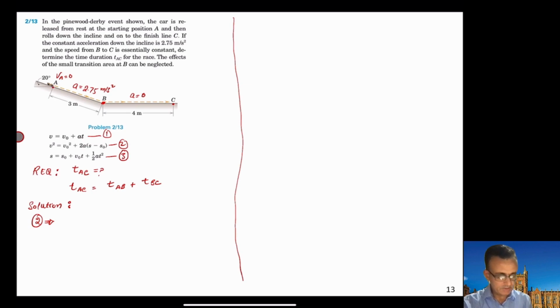Equation 2 provides v squared. So the final velocity, which in our case is VB, if we consider motion from A to B, is equal to the initial velocity VA squared, plus 2a(s minus s naught).